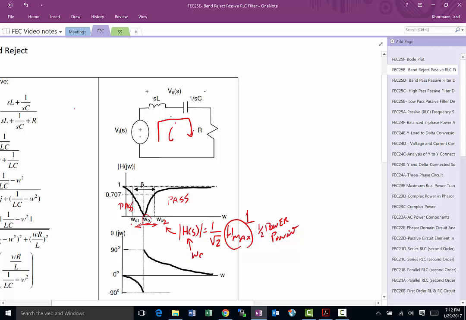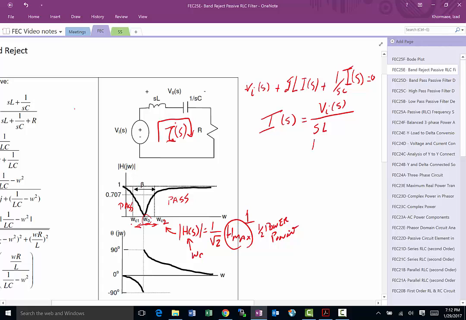This is the I of S that runs through this, and we do a KVL around the loop, which says minus V in of S plus SL I of S plus 1 over SC I of S equal to 0. Factoring I of S out, I of S is equal to V in of S divided by SL plus 1 over SC. By the way, just a reminder, S is really j omega.